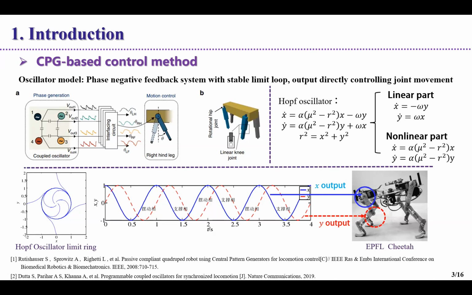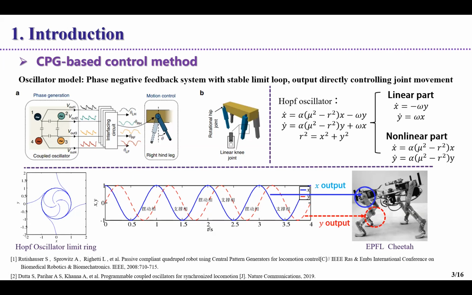Some scholars have used 4 oscillators to control the 2 joints of the robot's forelegs, which greatly reduces the complexity of the CPG network. But the method still has 2 drawbacks.